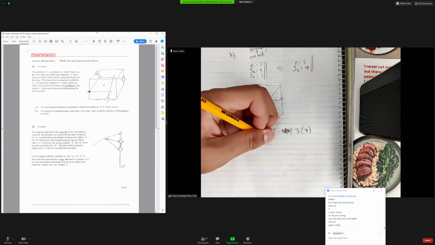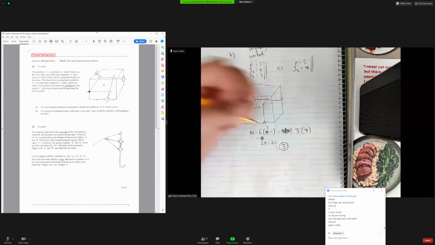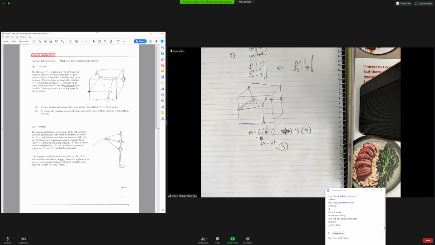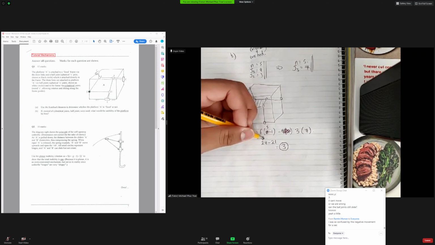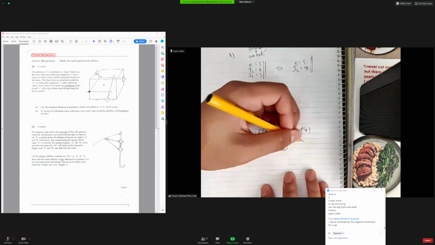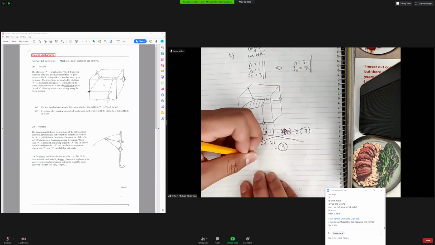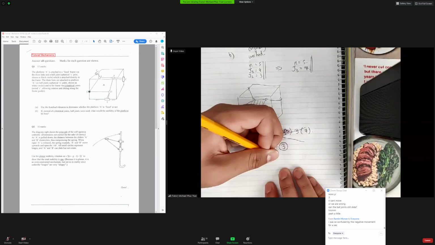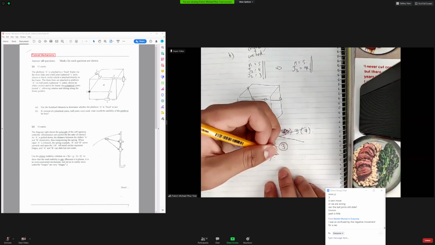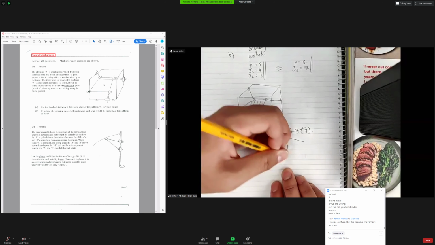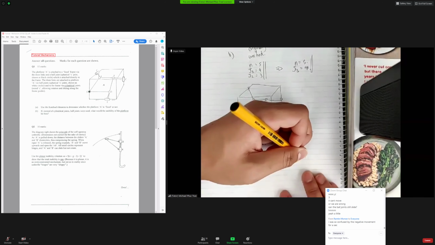Yeah, that's right. 24 minus 21. So it says that we have 3 degrees of freedom. But it's a bit of a tricky question. It asks you if platform A is fixed or not. Can it actually move? Sorry, should I rewrite that? M equals 6 times N minus 1 minus 5J1 minus 4J2.